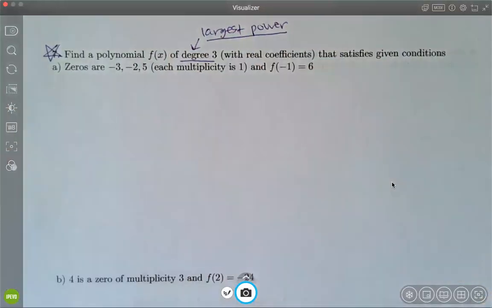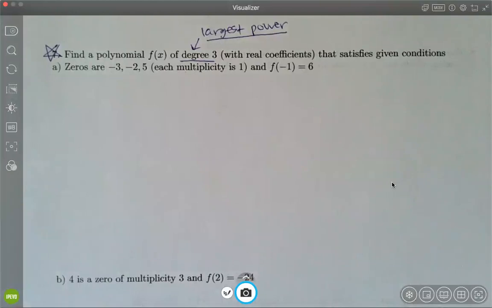Okay, so now here, what can we do first? So we know the zeros. Now some people tend to say we'll use the synthetic division. But what's the problem? We don't know what the equation of f of x is. So we cannot apply the synthetic division because we don't know what the dividend is.